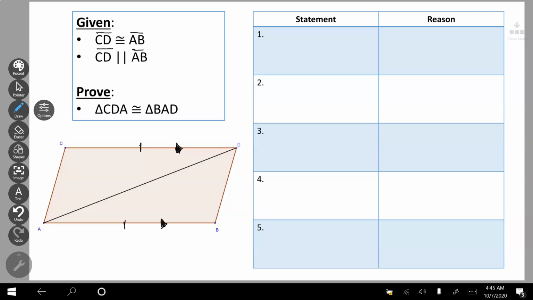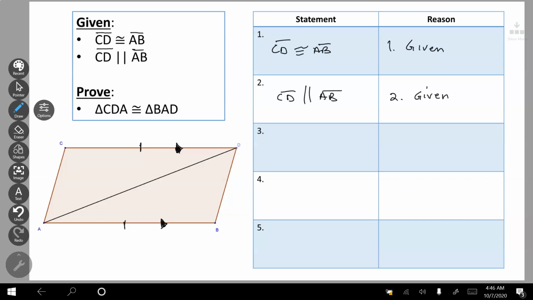Okay, I'm just going to start my proof with CD is congruent to AB, and that is given. CD is parallel to AB, that is also given.